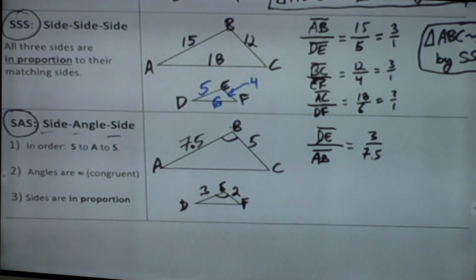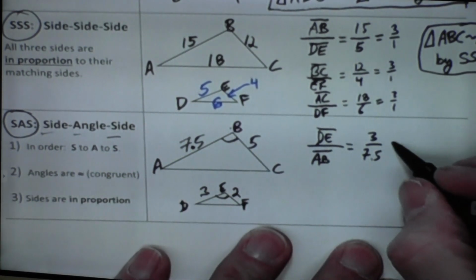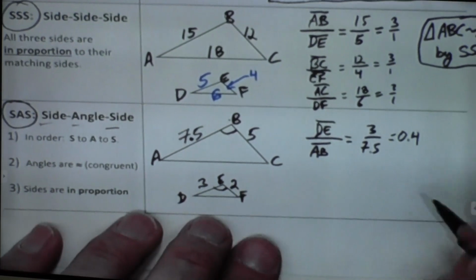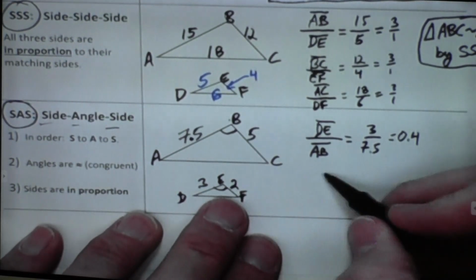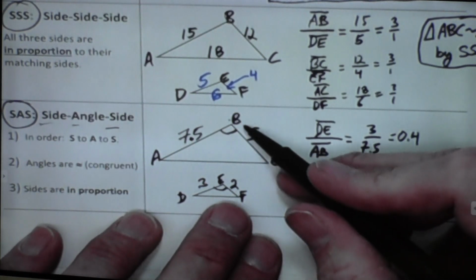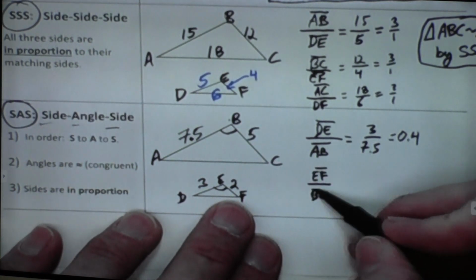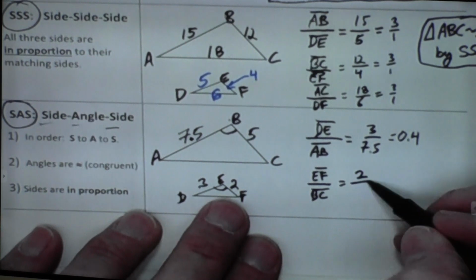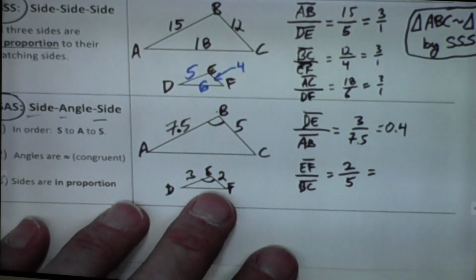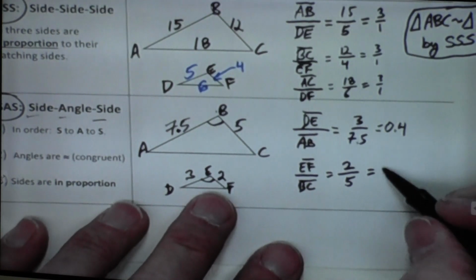So 3 divided by 7.5 is 0.4. If the other one comes to 0.4, then we're in good shape. So that's going to be EF over BC. EF is 2, BC is 5. 2 over 5 is 4 over 10, which is 0.4.